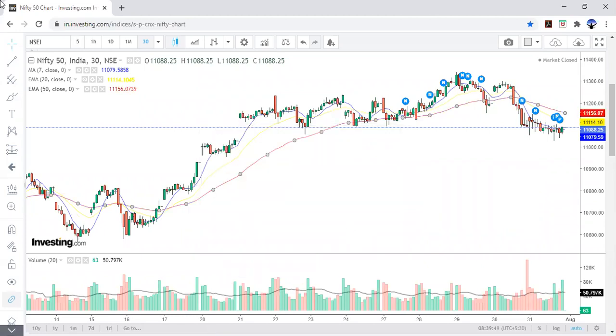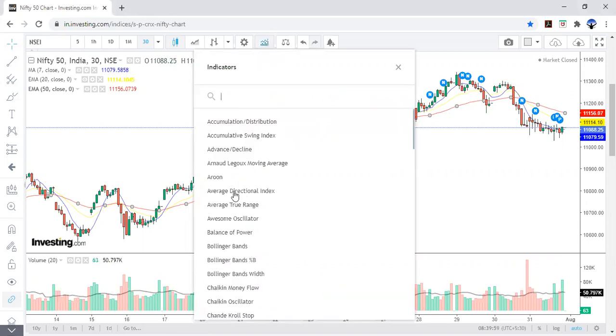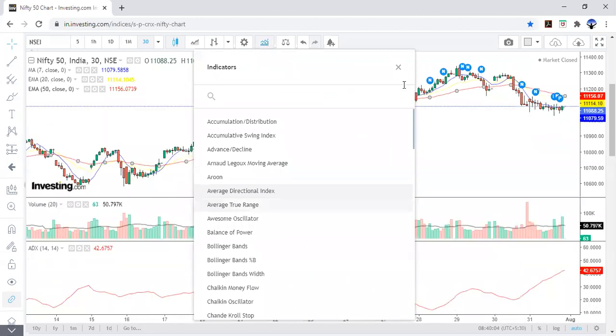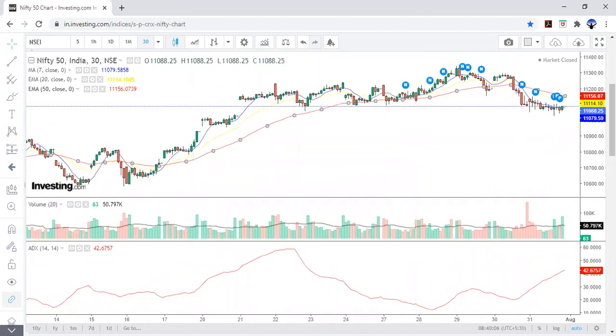Now we are entering the ADX, the average directional index. You can see the ADX has been entered.